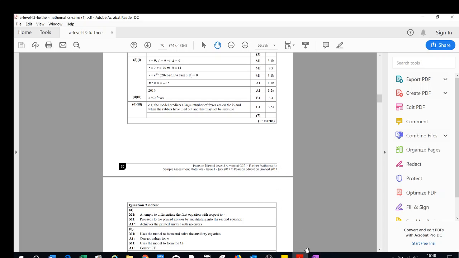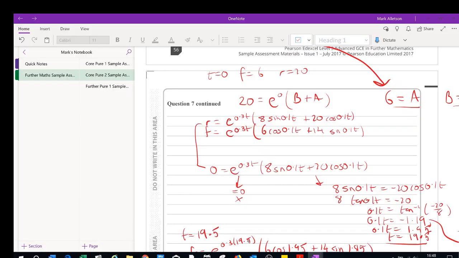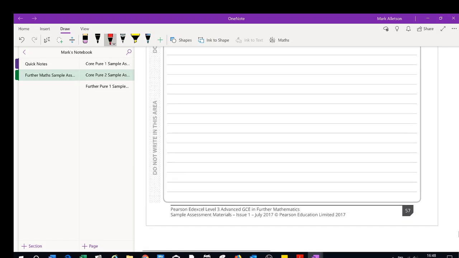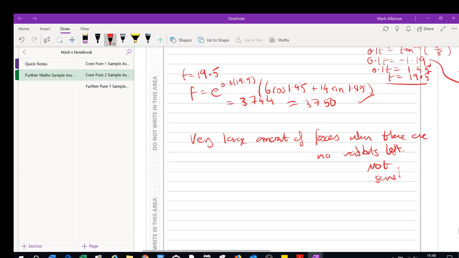They probably wouldn't survive because they won't eat each other. So, the last one, we would say a very large amount of foxes when there are no rabbits left. So not sensible. Okay, that's question 7.